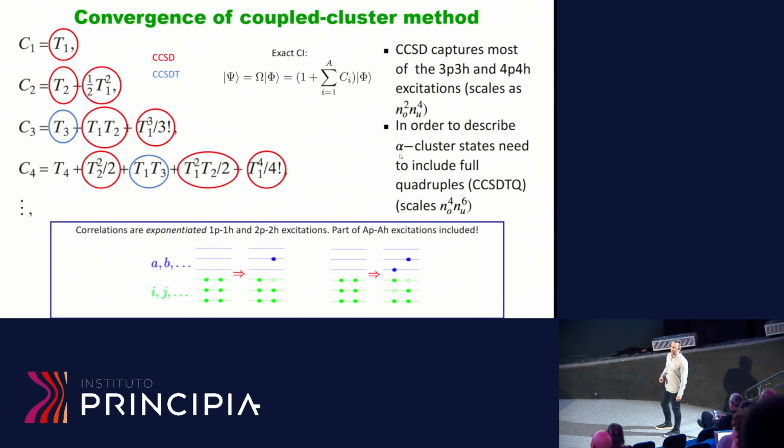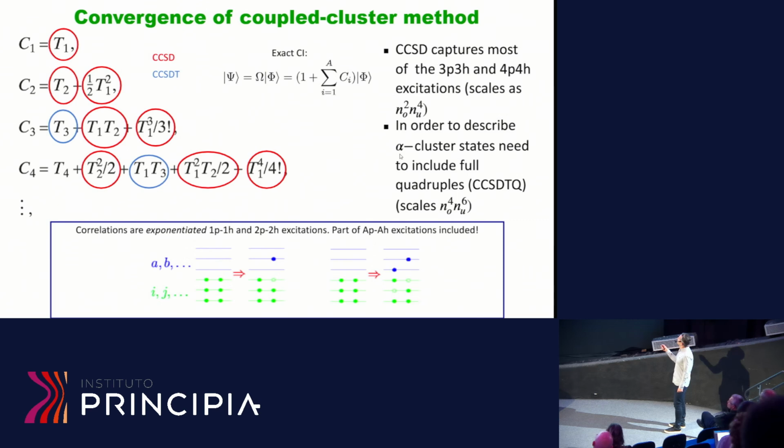So this is really showing the power of the coupled cluster technique. Even if you truncate at what we call the T2 level, because we exponentiate this operator, we basically have all of these terms included all the way up to A-particle A-hole excitations in the system.